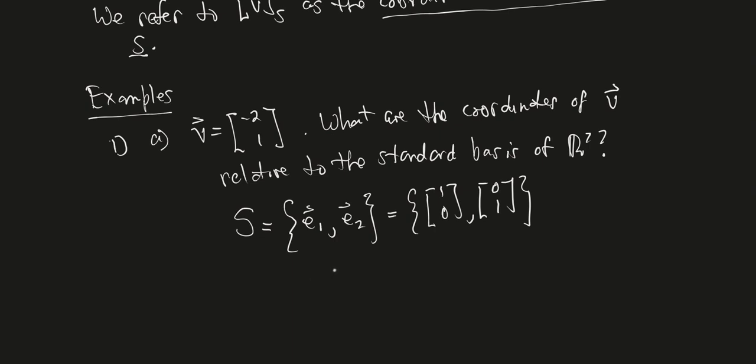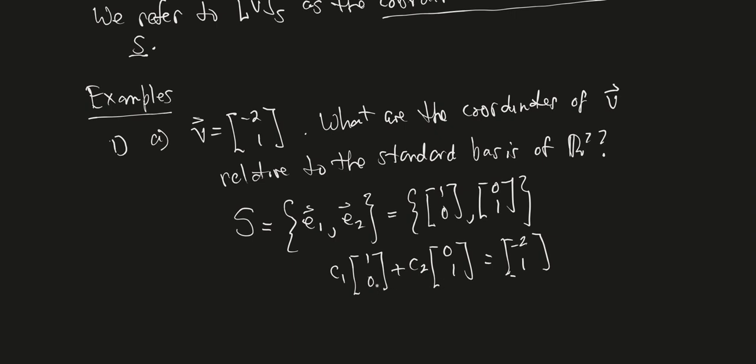If I take C1 times the first vector in our ordered basis, E1, plus C2 times the second vector in our ordered basis, we want to produce this vector, -2, 1.